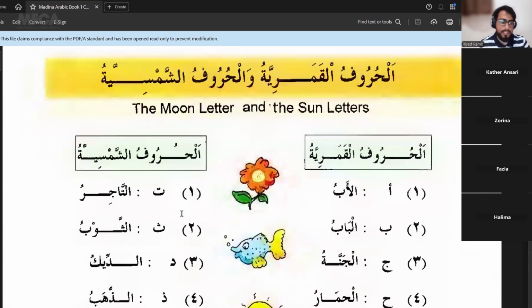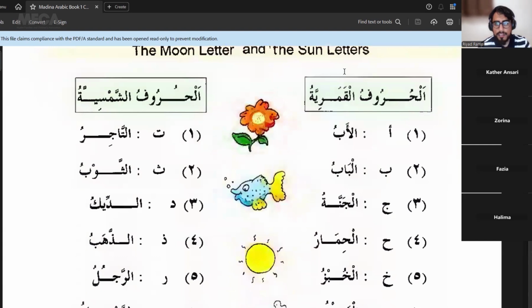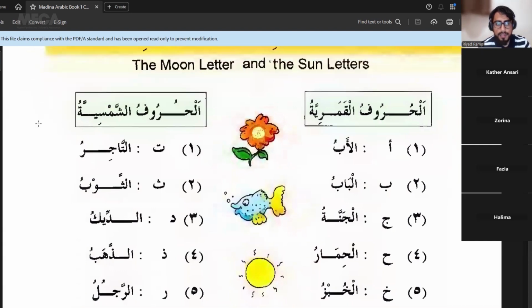Oh, this is the moon and sun letters. First one in this section, al-huruf al-qamariyya, the moon letters. We're always going to pronounce the alif lam. Al-abu, al-babu, al-jannatu, al-himaru, al-khubzu. So all the alif lam are pronounced very clearly, right? And how do we know that?